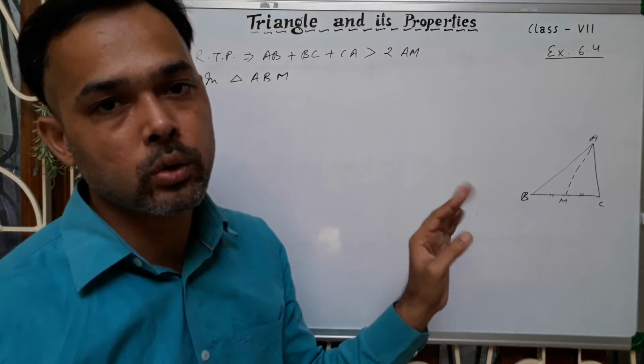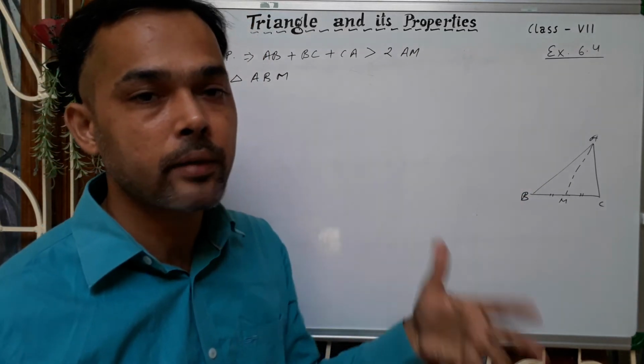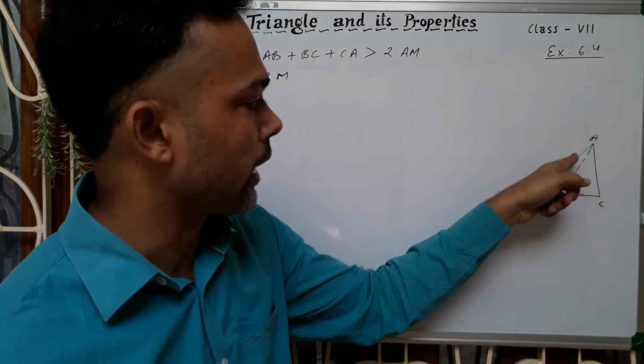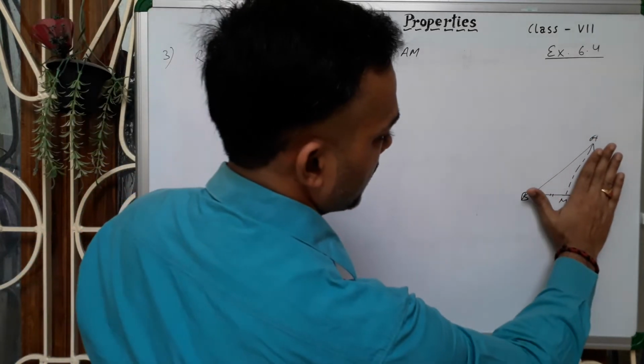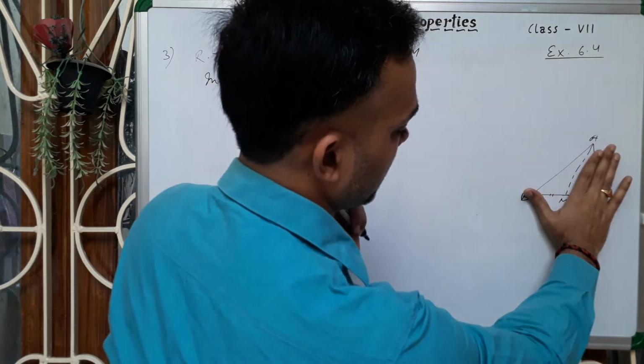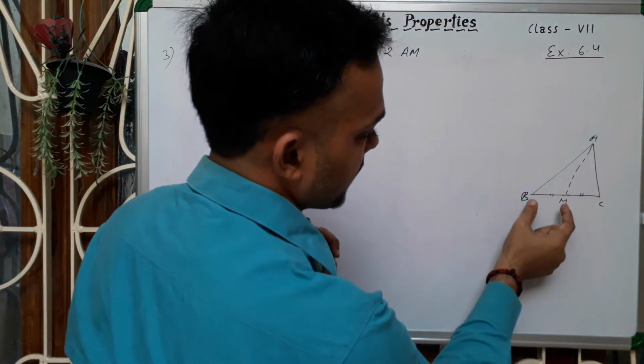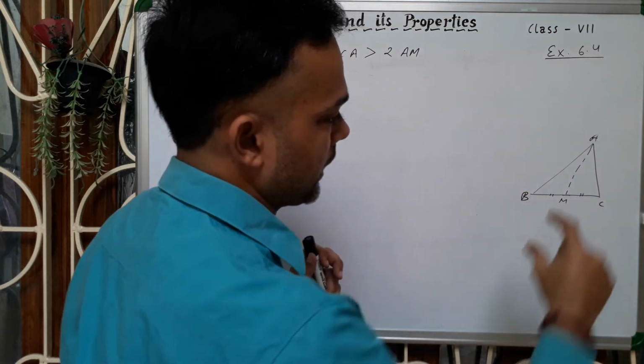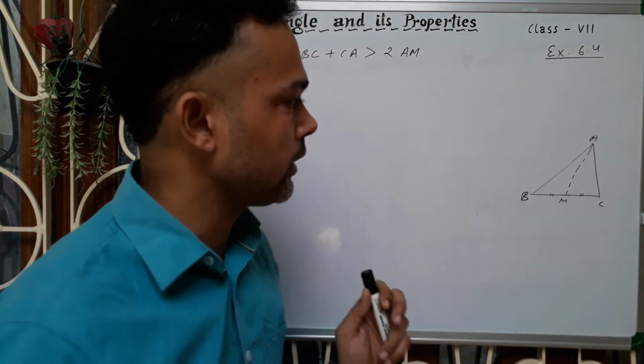Why? Because you know that the sum of two sides is always greater than the third side. So in this triangle, this will be the first side, this the second side, and that the third side. Whenever you add AB plus BM, it will always be greater than AM.